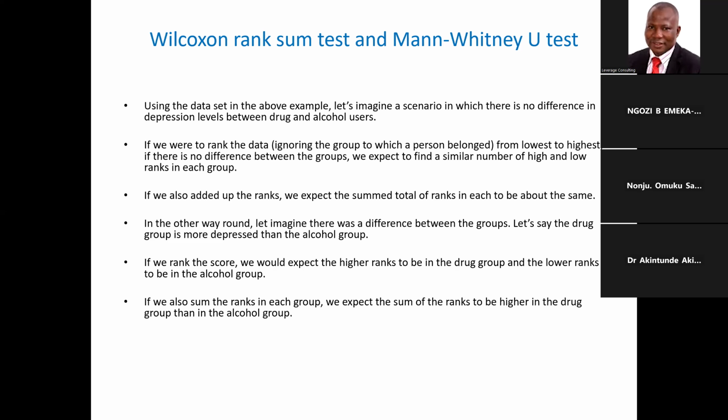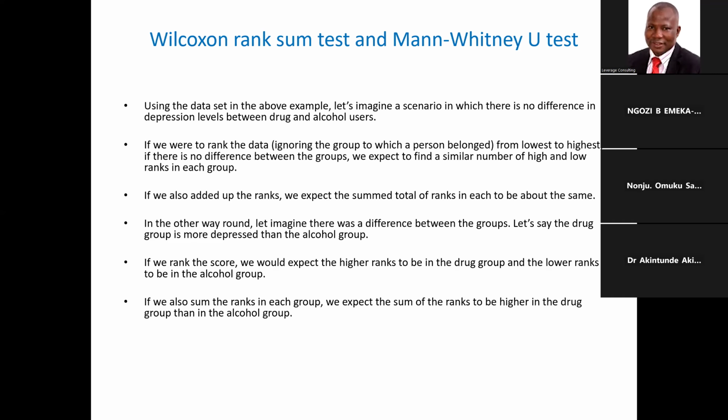You may have some low and some high in one, and low and high in the other. So they should be evenly distributed. The high and low in one group should not be too much compared with the other group, if there's no difference. Can you see the logic? If we add up the ranks, we expect the sum total of ranks in each group to be about the same if there's no difference.